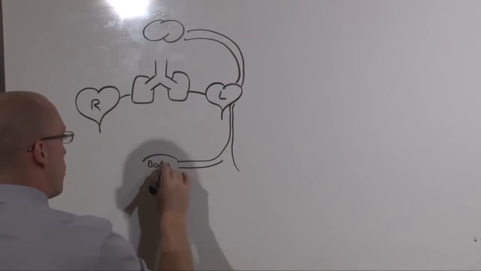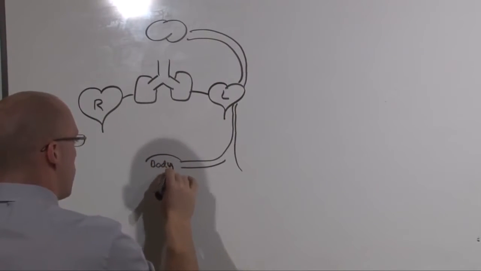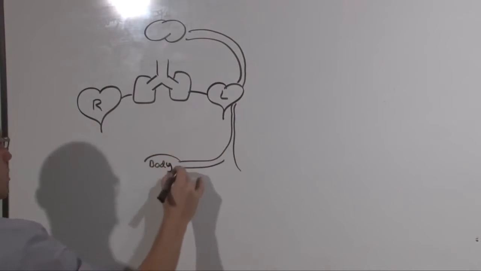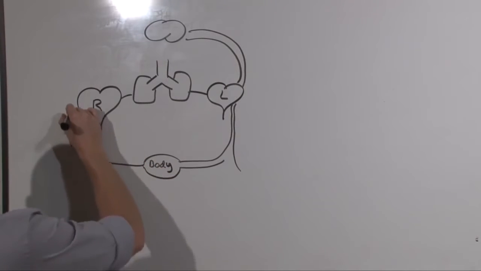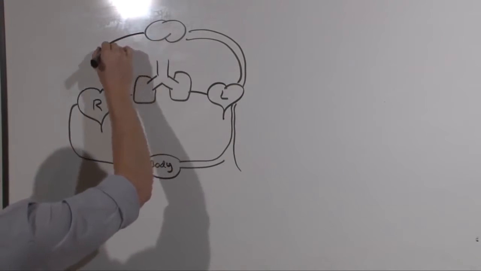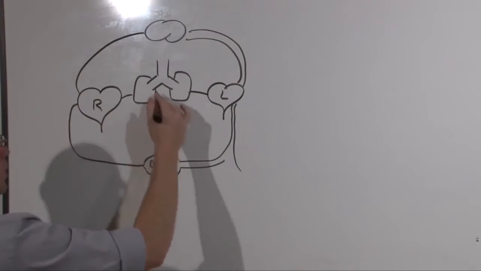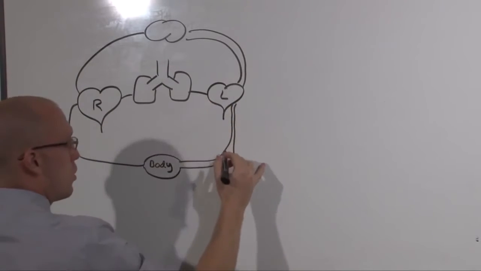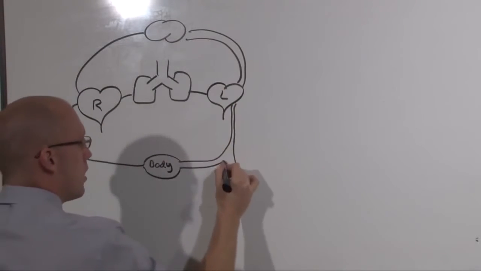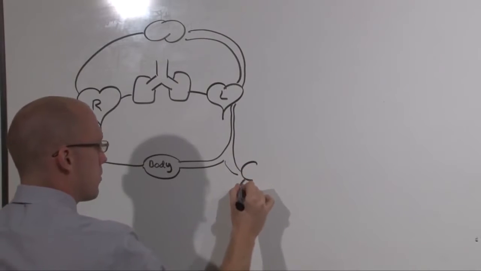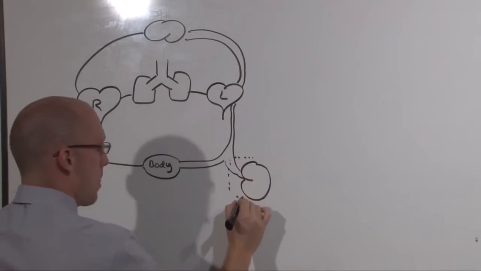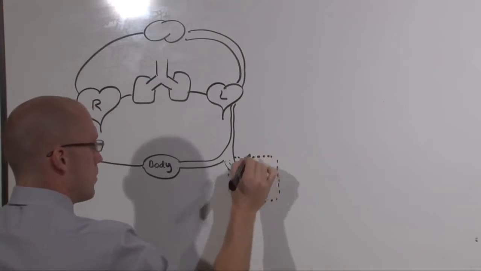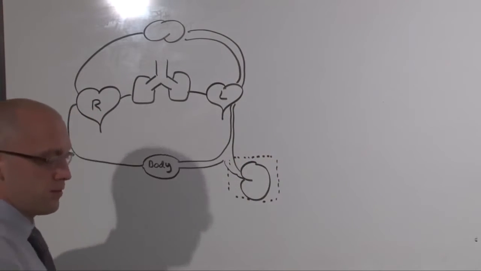After all, the whole point of the lungs and the heart is to get blood to the body. This then returns as the veins to the right atrium, and the cycle begins anew. Of particular importance is the brain and the kidney. We'll get down to the kidney in just a second.